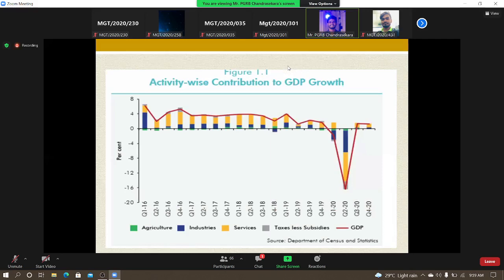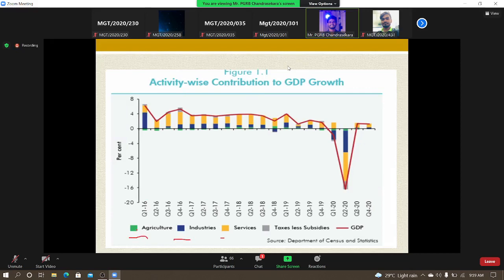This is the distribution of GDP. Based on different sectors, I have included this.